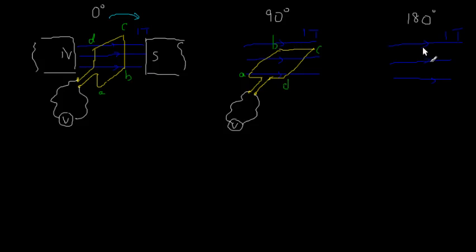Then when it rotates until it's 180 degrees, it's rotating this way. So it's going to become vertical again.